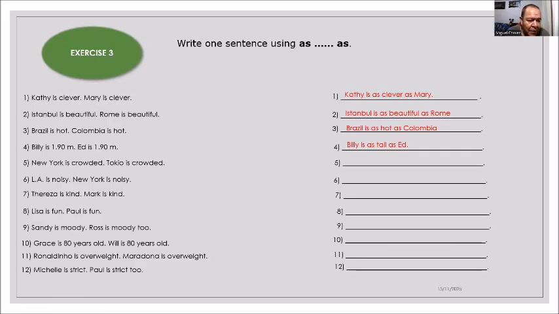Number 5. New York is crowded. Tokyo is crowded. New York is as crowded as Tokyo. Number 6. LA is noisy. New York is noisy. LA is as noisy as New York.